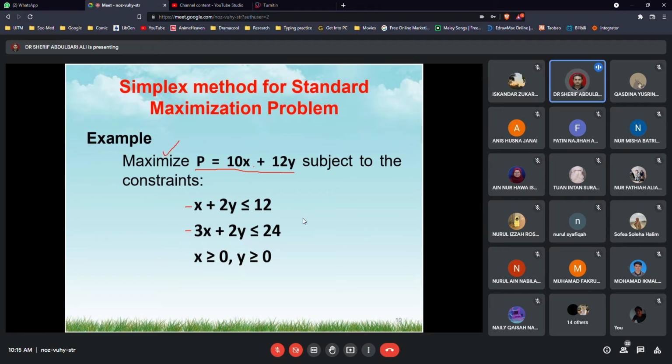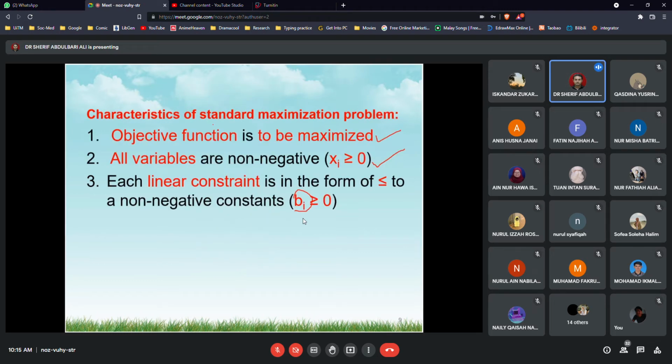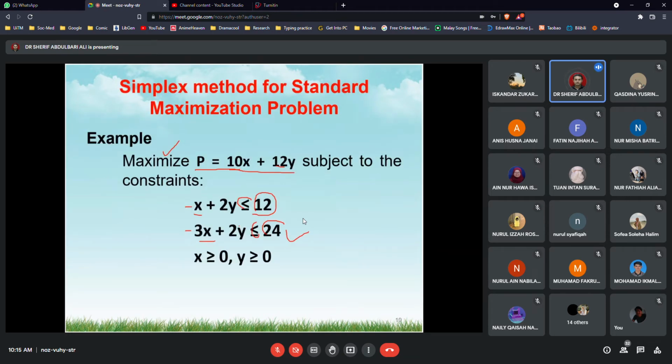All the values of the x's are non-negative, yes, true. And the constraints are in the form of less than or equal to a non-negative value, so true. These are the three properties, so we have the standard form of a maximization problem.